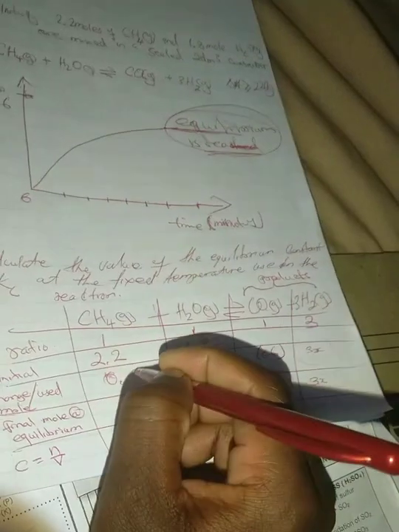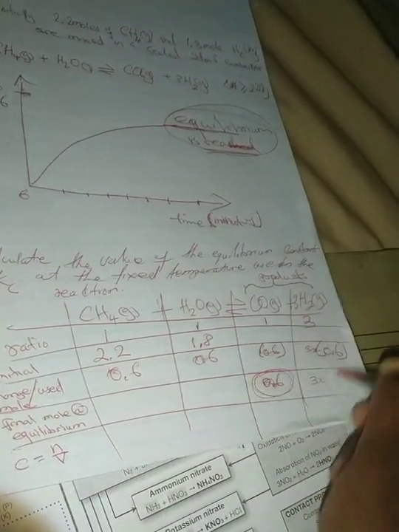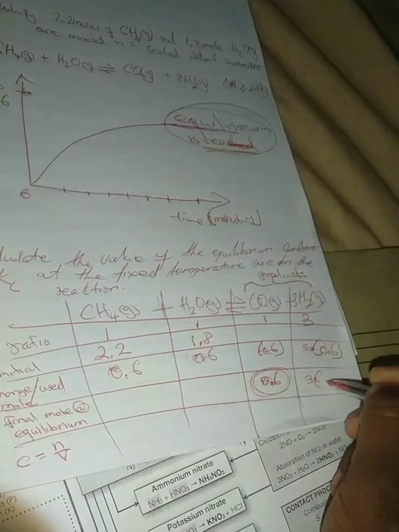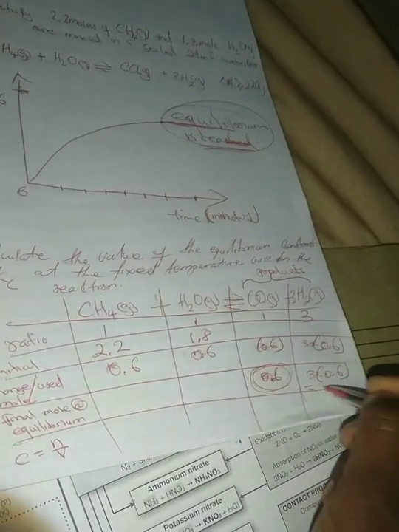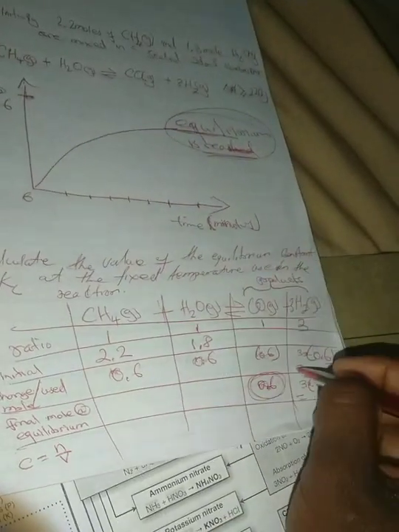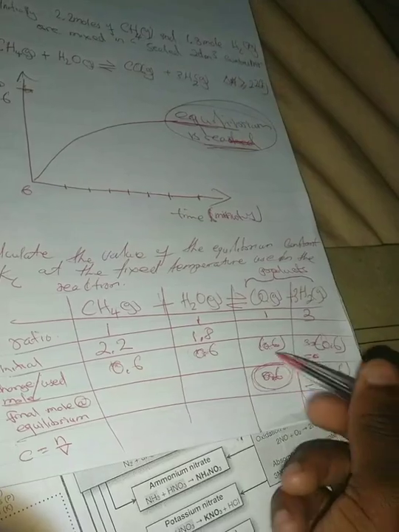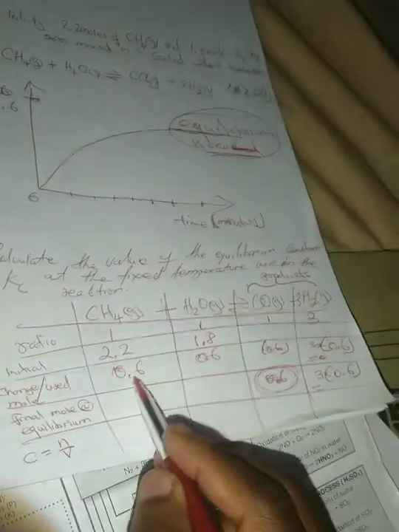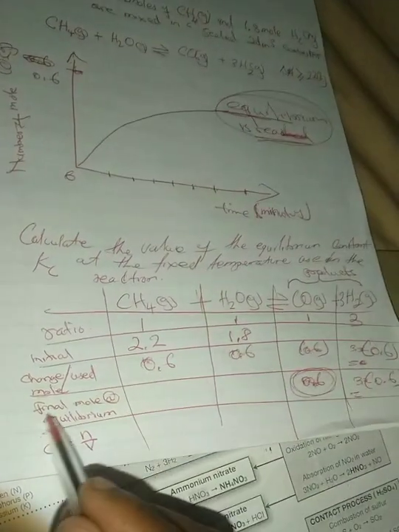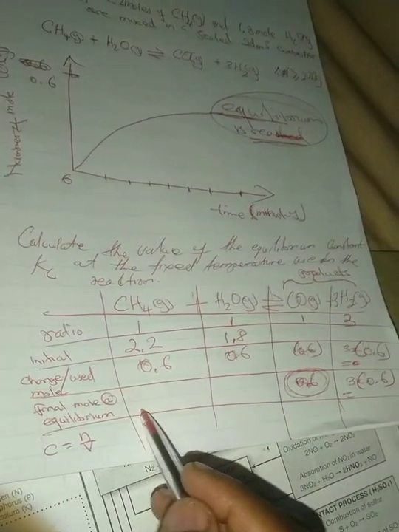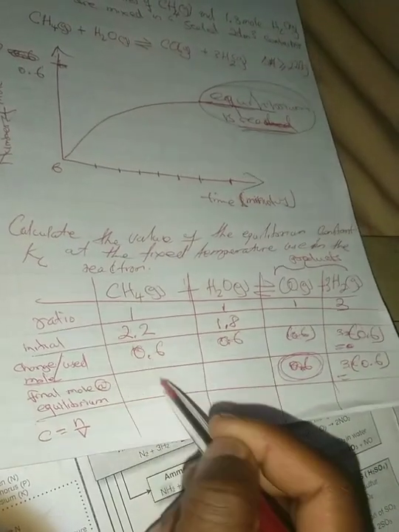Now I write using a pen: 0.6 on this one, and 3 times 0.6 on the other, and I get my answer. Now I have the values for the change row, so I need to find the final values. The initial value is always more than the change and the final.